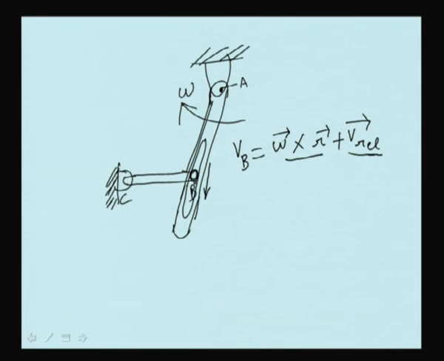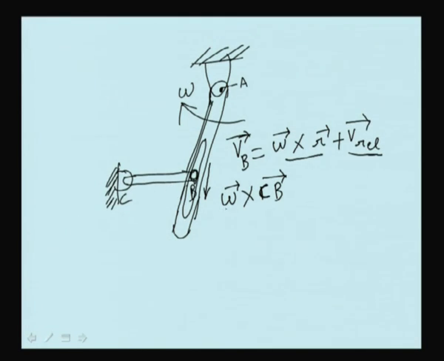So the absolute velocity of point B is omega cross vector CB, plus the velocity.